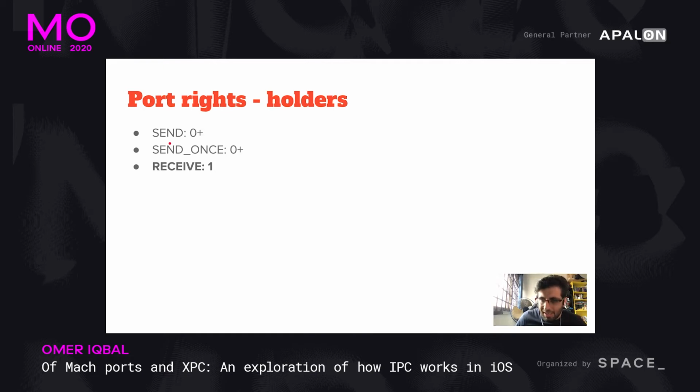So sending is not restricted, but for receiving from a port, only one user of that port is able to receive messages from the port at any given point in time, and that makes sense, right? Think about the postbox analogy. Many different people can put letters inside your postbox, but only you have the key to unlock it and extract the messages from inside there, right? So that's the key idea over here.